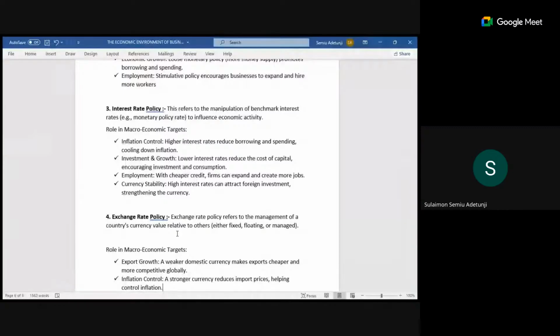And if they want people to bring more money into circulation, they will just reduce the interest rate. Once they reduce the interest rate given to the bank, automatically people will want to borrow money because of the low interest rates given to them.